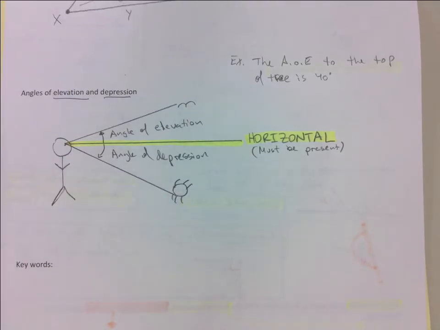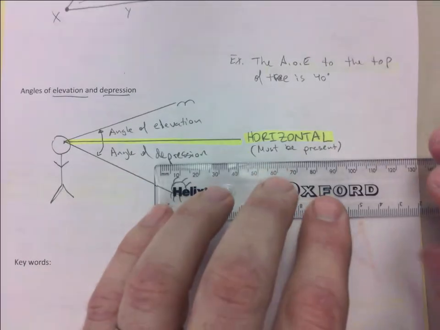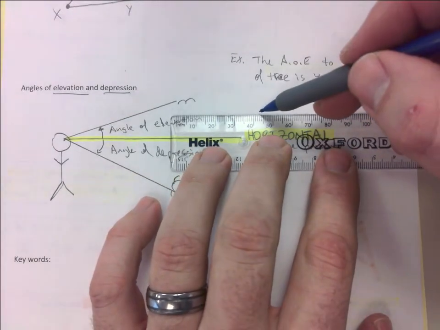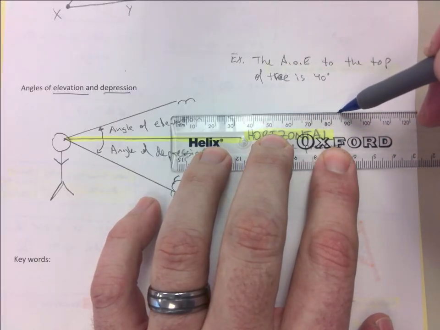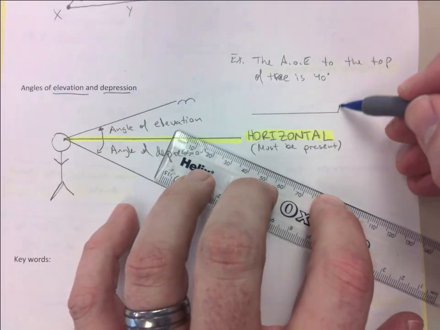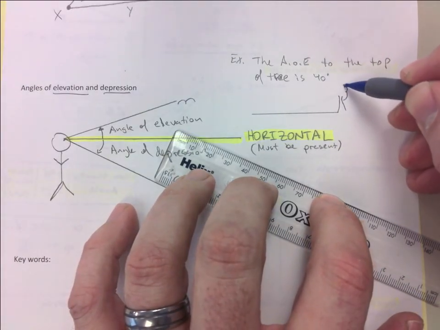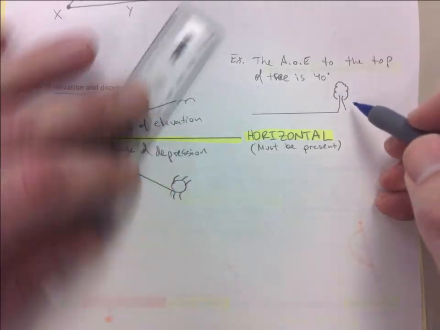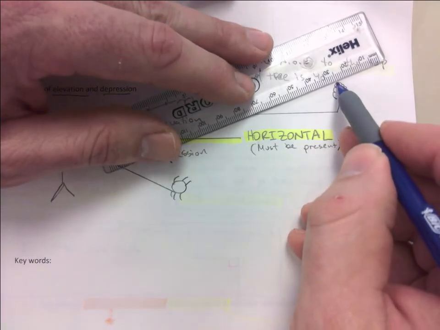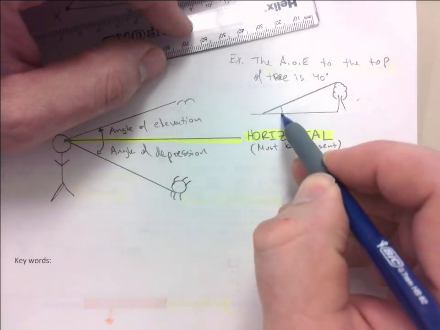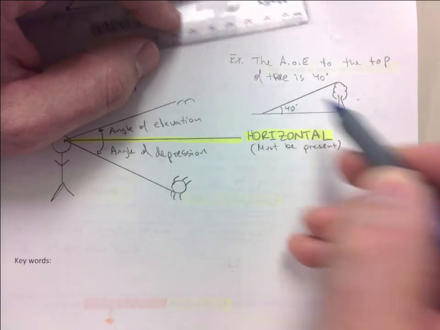If a question just mentions it, hey, you're walking, you stop, you see a tree, the angle of elevation is 40 degrees. You should immediately recognize, okay, what do I start with? The horizontal. That's the ground for me. I look at the tree, right? The angle of elevation will be measured from the ground to the top of the tree. You get your 40 right there. Boom.